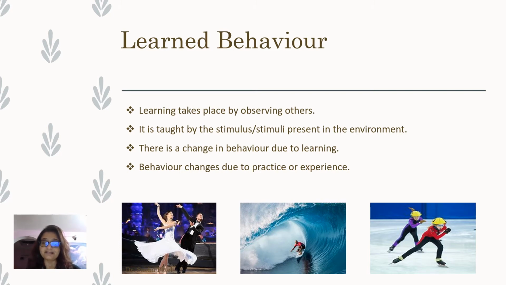He must have practiced a lot, and that's why he's able to balance on the uneven surface of the water. In the last picture, you can see people are skating. Walking is very natural, but skating requires a lot of practice and training.